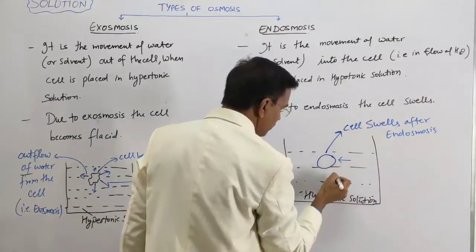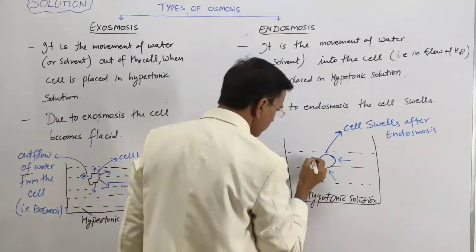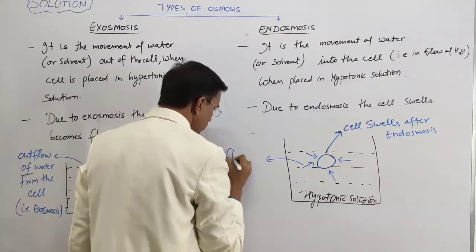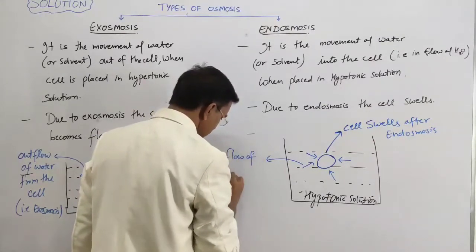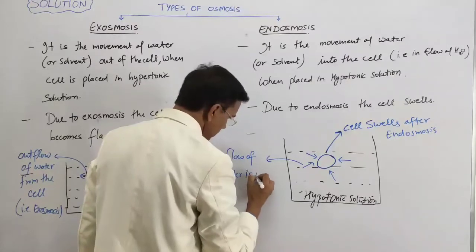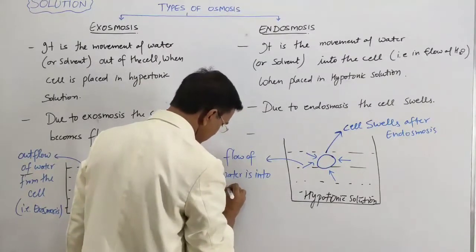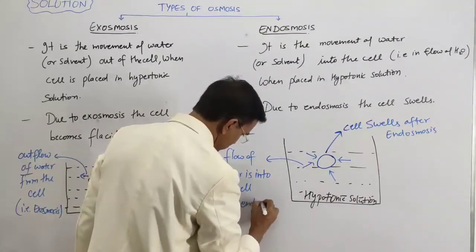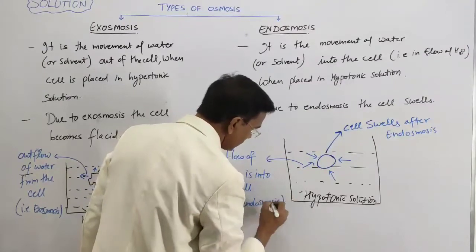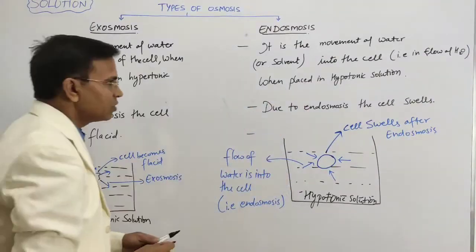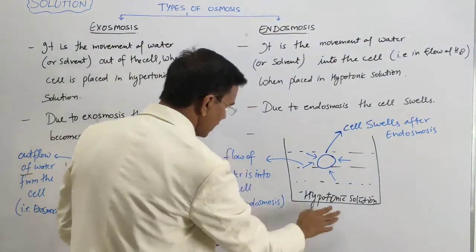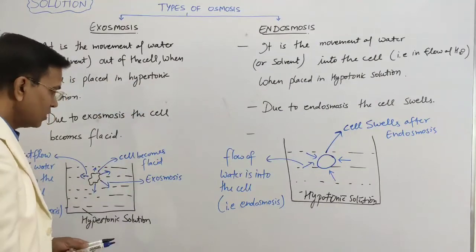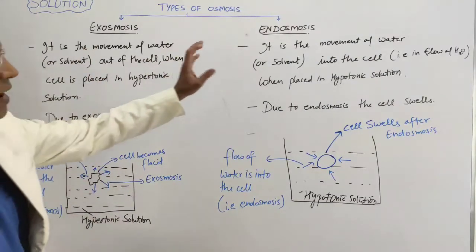So the ingoing of water takes place, inflow of water, that is the flow of water into the cell, that is endosmosis. Clear? Because of this the cell swells after endosmosis. This is hypotonic and this is the flow of water inside the cell. So this is all about exosmosis and endosmosis.